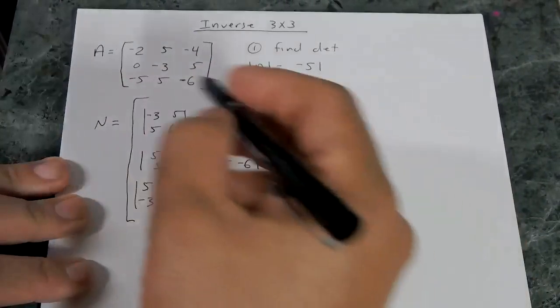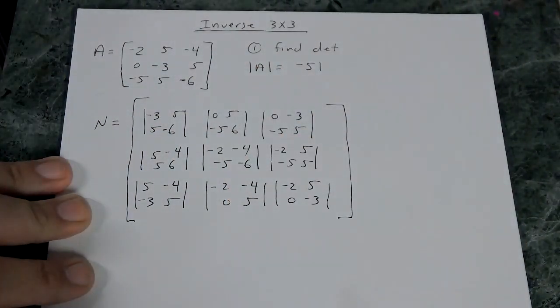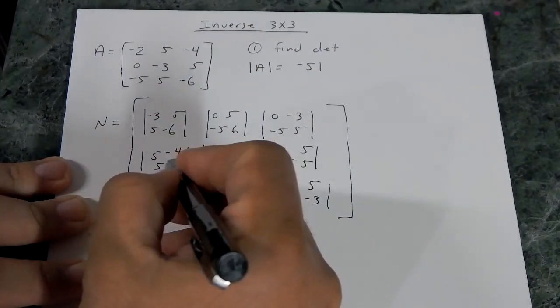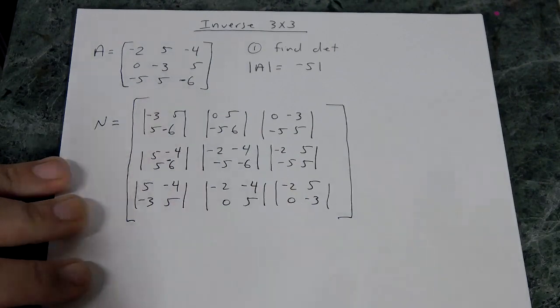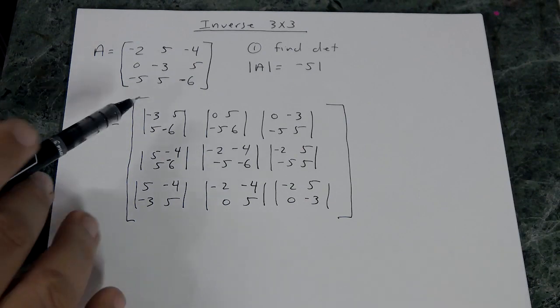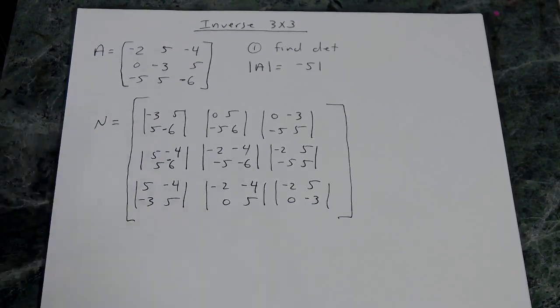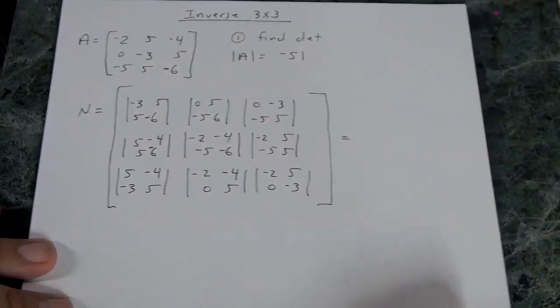Because I'm looking at my notes. So this is a -6 right there. Okay. This should have been a -6 over here. Okay. And I am good. So this would have been 18 minus 25. So this is what you end up with when you do this whole thing.